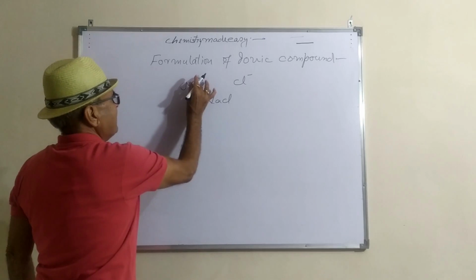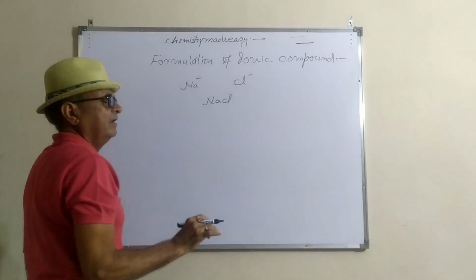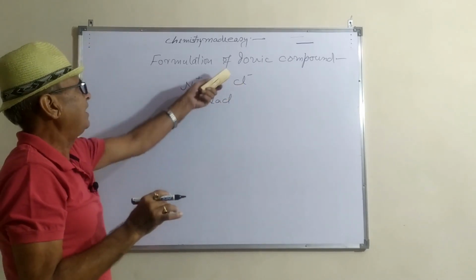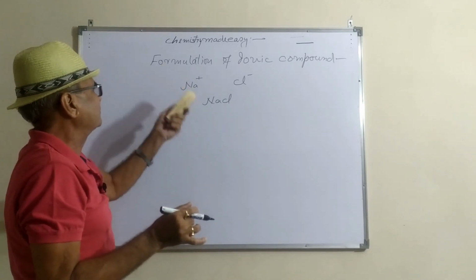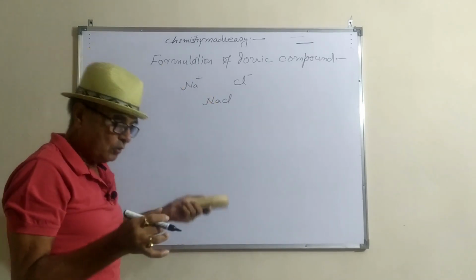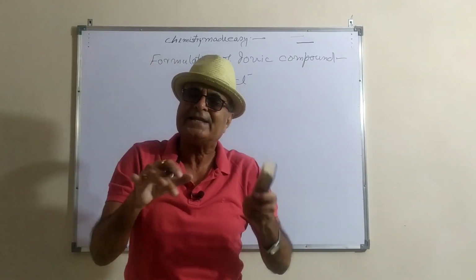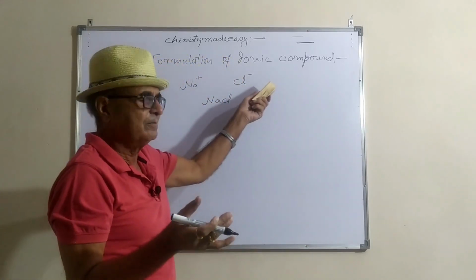The positive charge and negative charge will be neutral, one positive and one negative, so it is NaCl. It is an ionic compound because it is formed of ions. There is always one cation and one anion, and when combined with each other, they form an ionic compound.